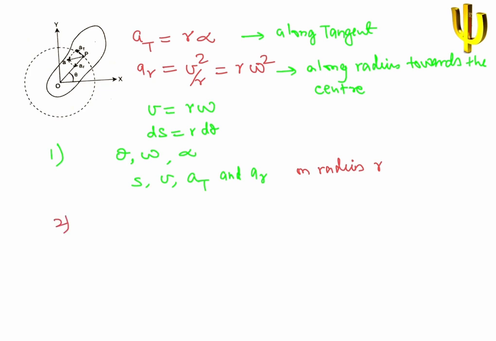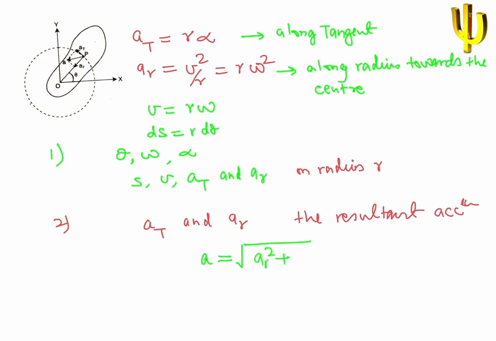Next, since in a circle tangent and radius are always normal to each other, the tangential acceleration and radial acceleration will always be perpendicular to each other, and therefore the resultant acceleration of the particle in case of circular motion will be given by A is equal to square root of AR square plus AT square.